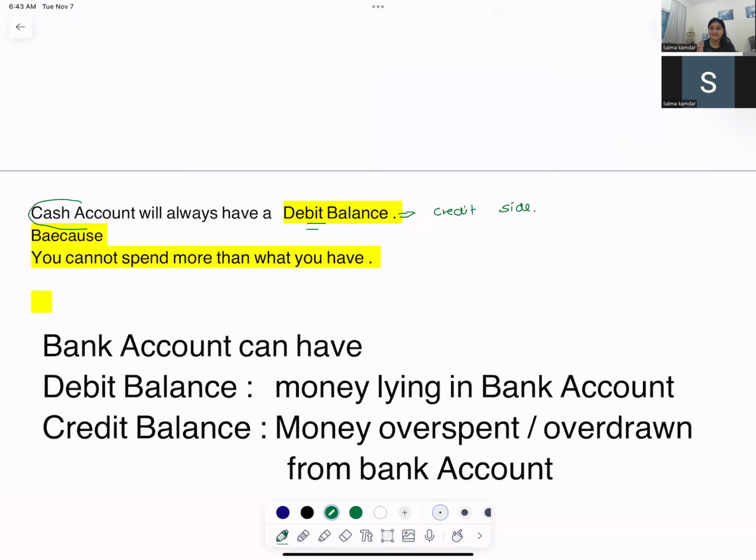So when you're closing a cash account, you should understand that the debit of the cash account will always be more. The debit side will always be more. You will write both the totals on the debit side as well as the credit side, and you will get the closing balance of cash on the credit side. When you have the closing balance on the credit side, that means it is a closing debit balance.